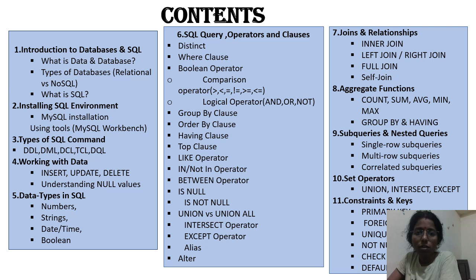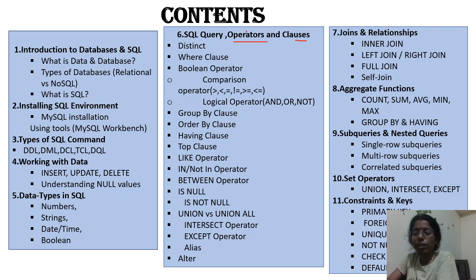So here, operator and clause. We'll write the query with the help of operators and clauses. You might note that operator means there are different types of operators, like comparison operator, logical operator, set operator.